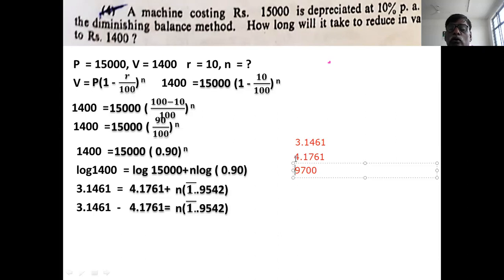Total 5. If you deduct total 5 in the 3, your answer is minus 2.9700. This is the point you remember.